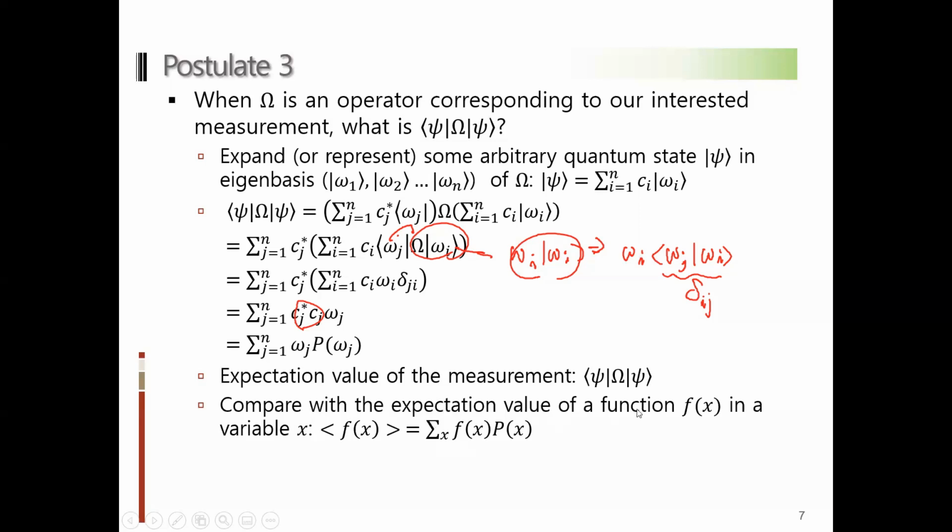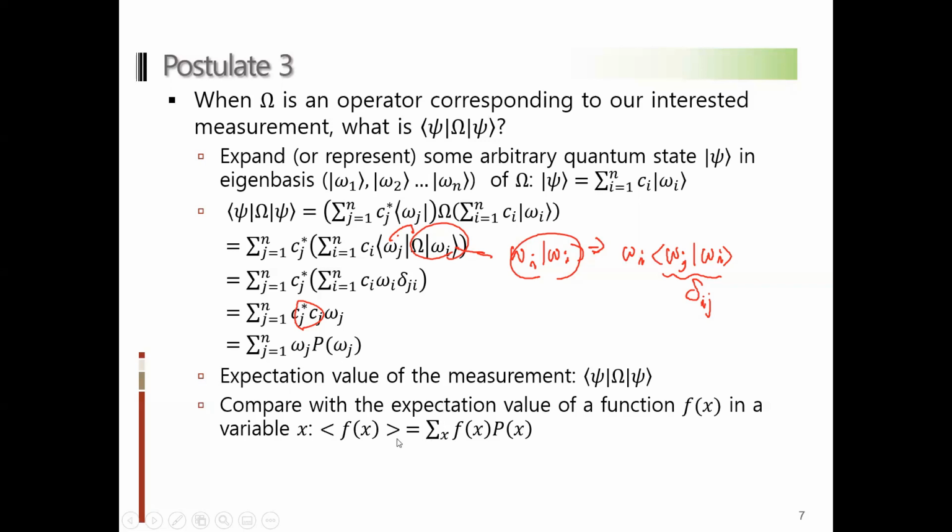If we have some function f of x, and the variable x has the probability p of x, then the expectation value of this function can generally be obtained by multiplying this function by the probability of having x. This expression is very similar to the quantum one.